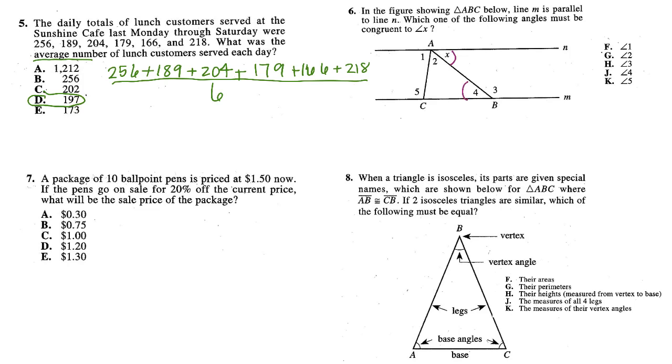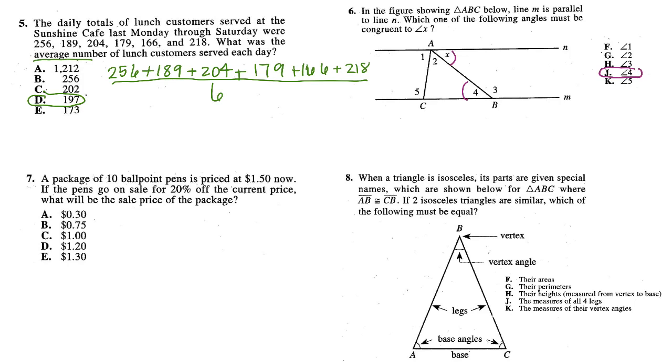So it looks like it might be answer choice K. Sorry, not J. It would be K. So again, alternate interior.